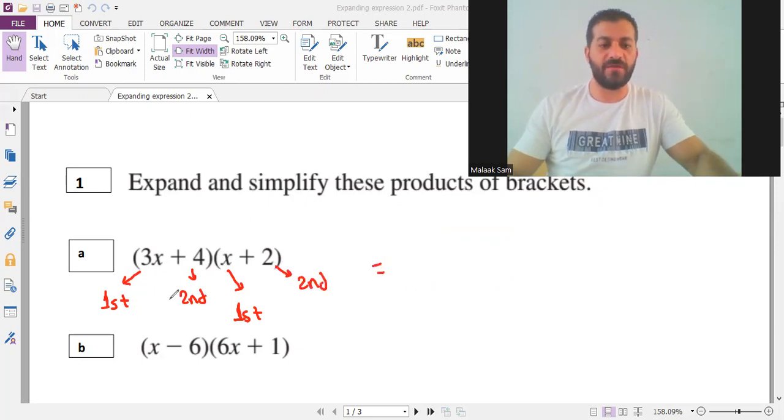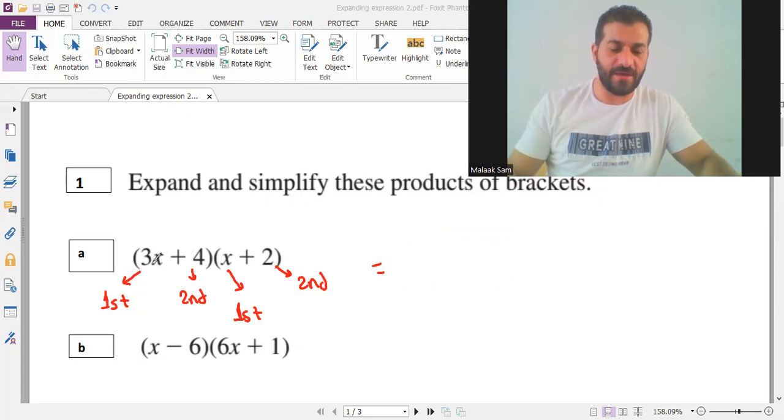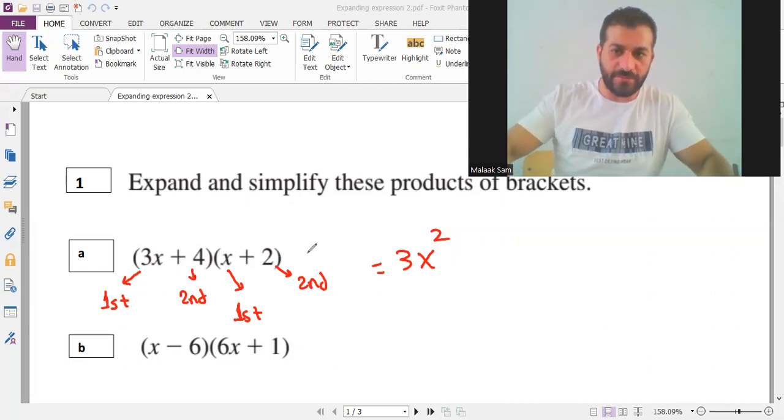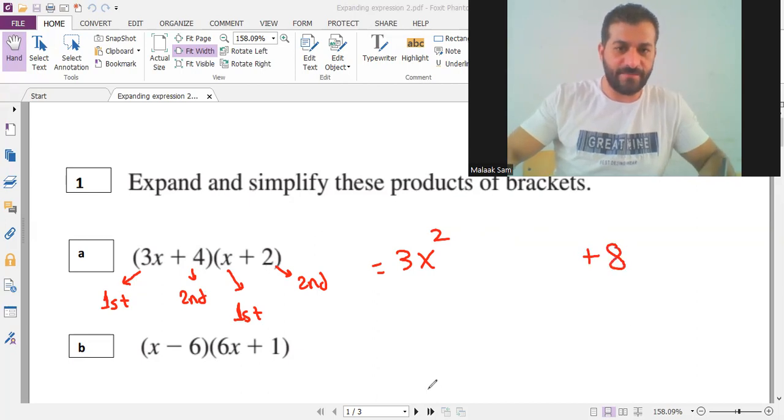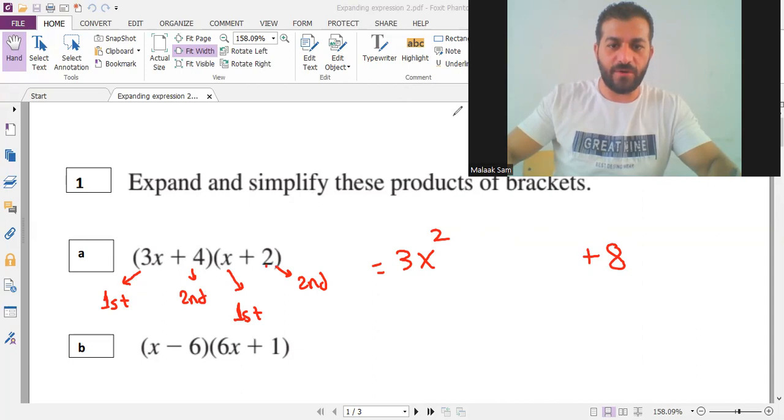So multiply the first by the first. 3x multiplied by x, it will be 3x squared. I multiplied the first by the first. After that, multiply the second by the second. 4 times 2, it's 8. Write it at the end, plus 8. And multiply extremes. And what I mean by extremes?